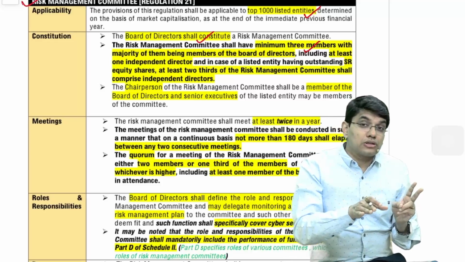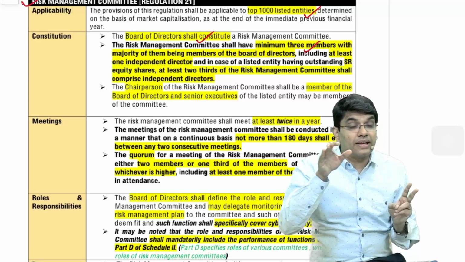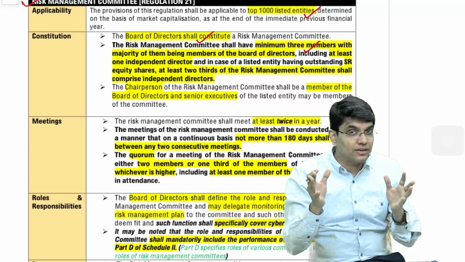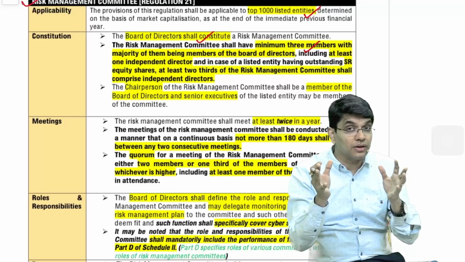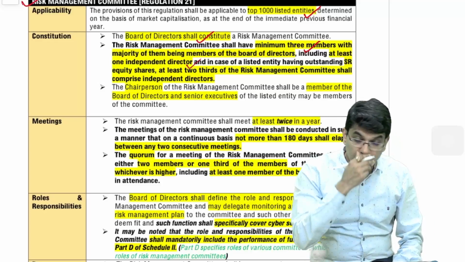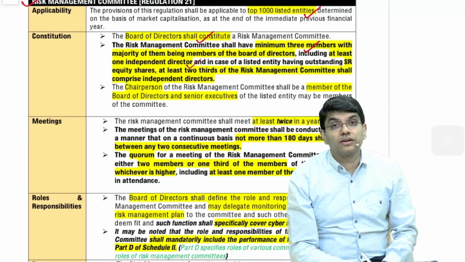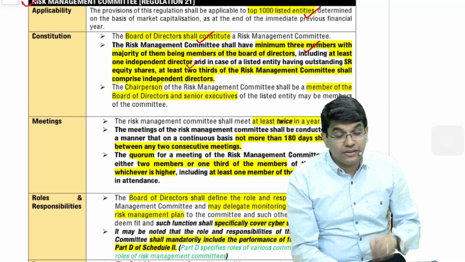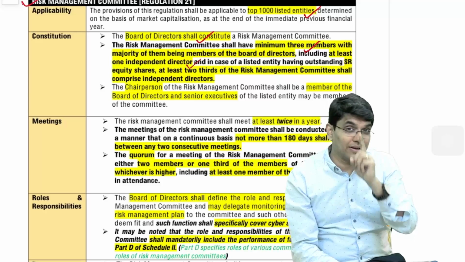Board of directors can become members, and senior executives can also become members. That's a unique thing. But the majority of the members should be board of directors, and there should be at least 1 independent director.